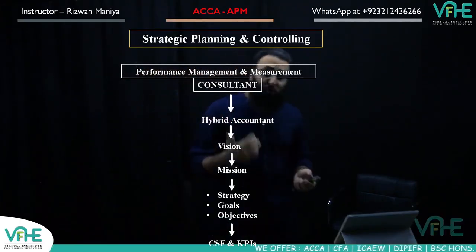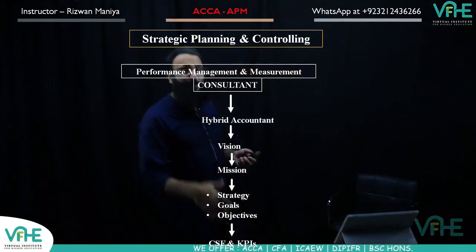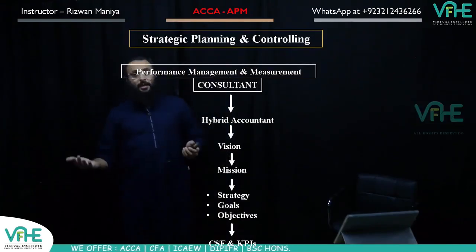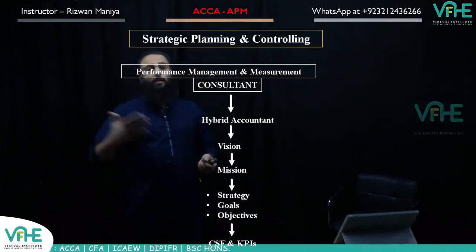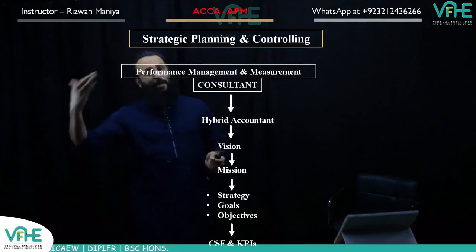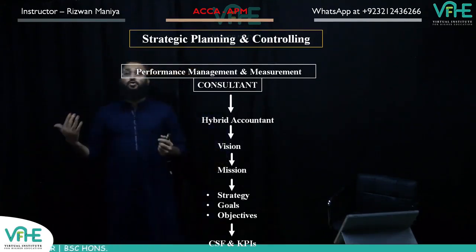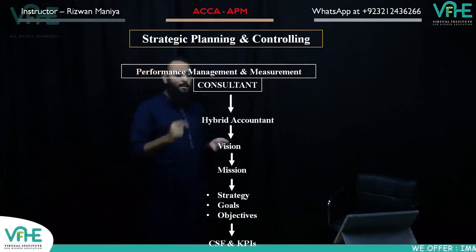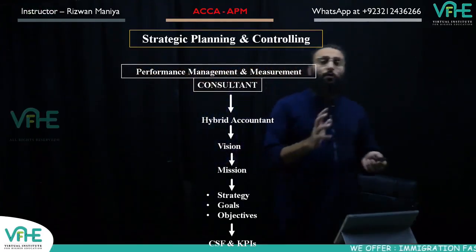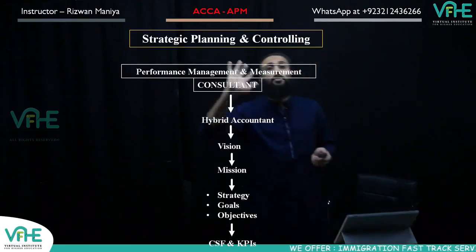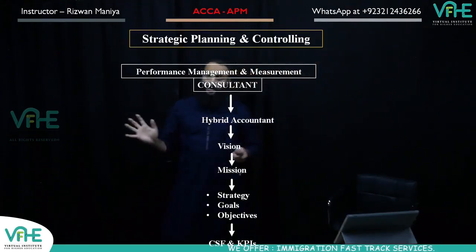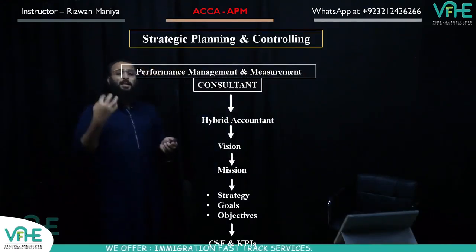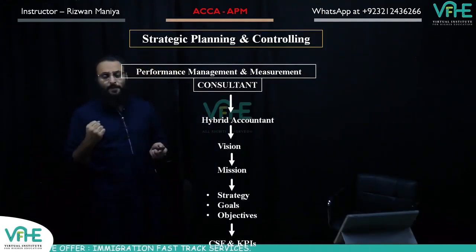As you need to realize, if you achieve CSFs, then your objectives will be achieved, then your goals, then your strategy, then your mission, and ultimately your dream, your vision, will be achieved. So the focus of KPIs should be on both financial and non-financial indicators. Financial KPIs and non-financial KPIs will measure the critical success factors.